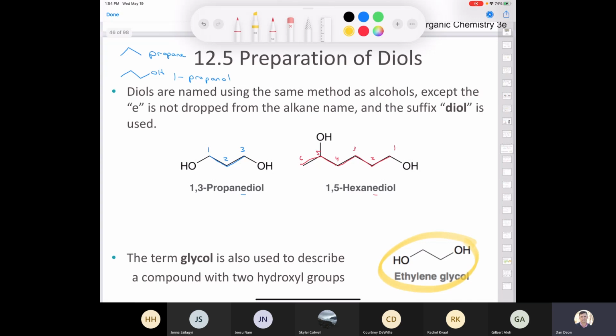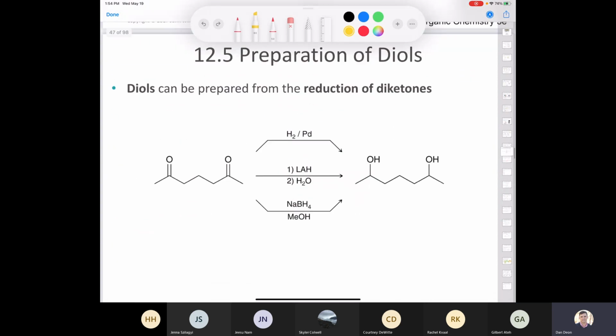The reason is because ethylene glycol actually has a sweet taste. I don't recommend trying to consume it, but it has a sweet taste, and so it can be put in a person's food, and then they would consume it, and it's a poison. However, now they put bittering agents in ethylene glycol, and so that prevents children from ingesting it because it does taste sweet, just like glycerol also tastes sweet. Anyhow, let's move on from there.